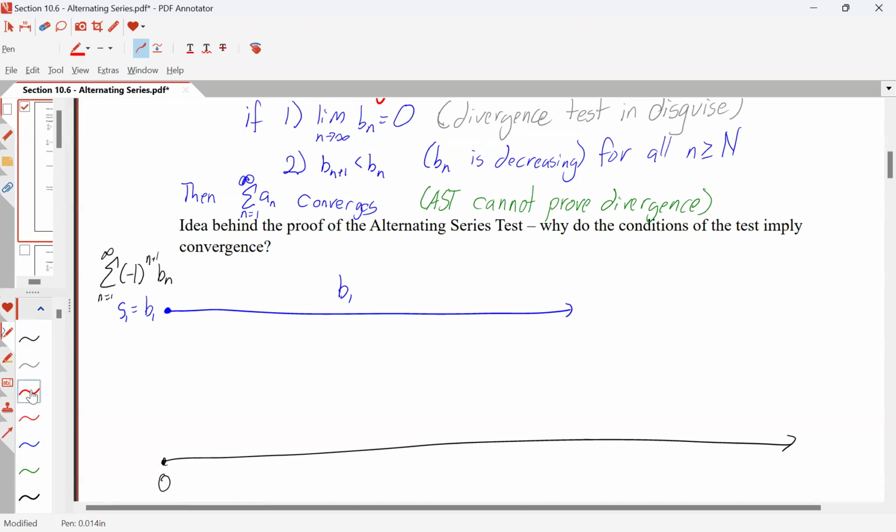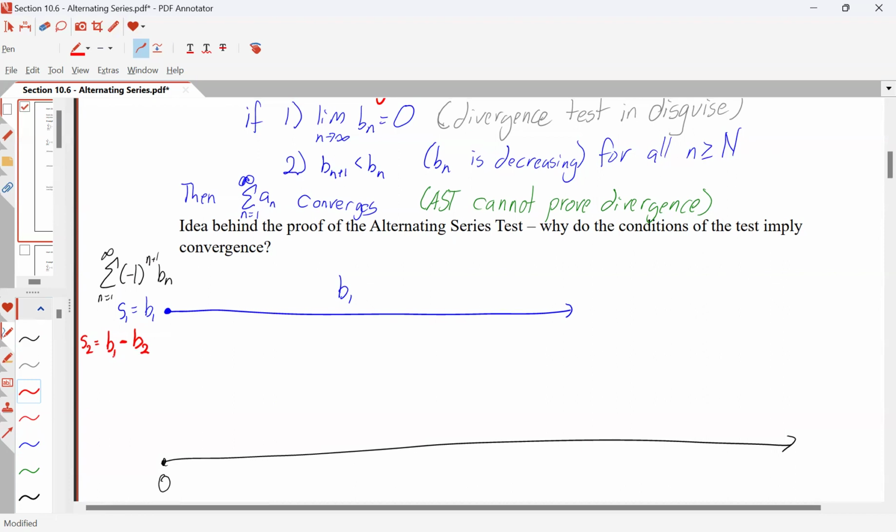The second partial sum is the first two terms. So the first term is b sub 1, and then the second term, when I plug in 2, I'd have -1 cubed, so negative, of the second term of the sequence.